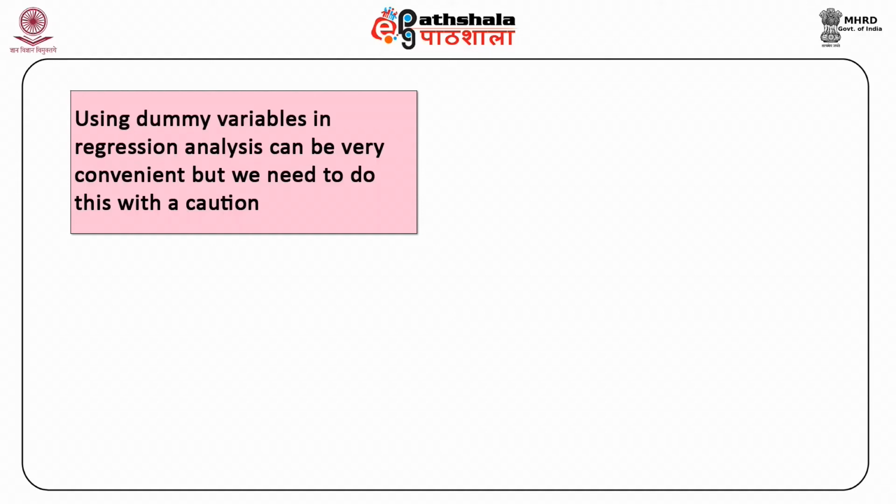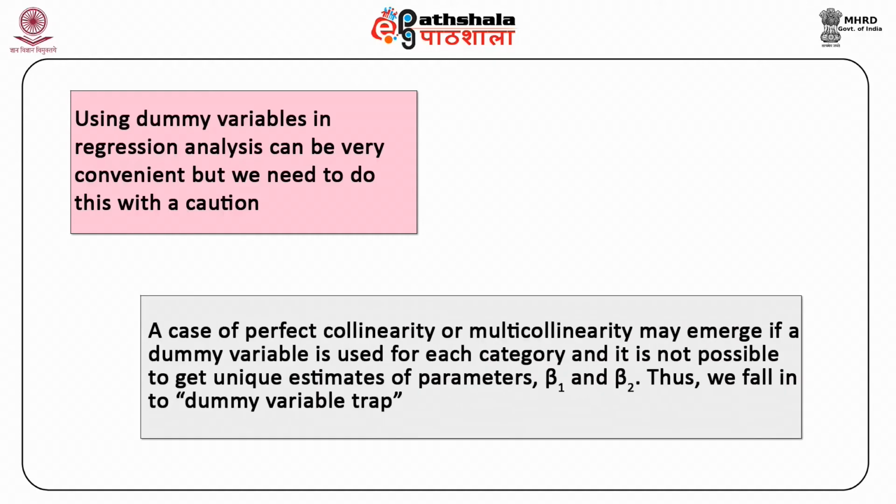We do not do so because a case of perfect collinearity or multicollinearity may emerge if a dummy variable is used for each category, and it is not possible in that case to get unique estimates of parameters beta 1 and beta 2. Thus, we fall into something known as the dummy variable trap.